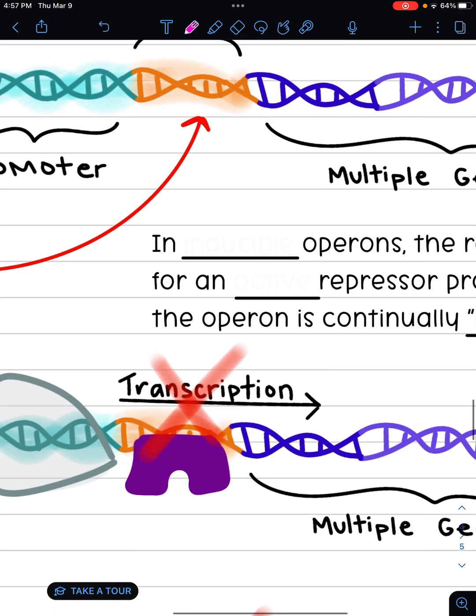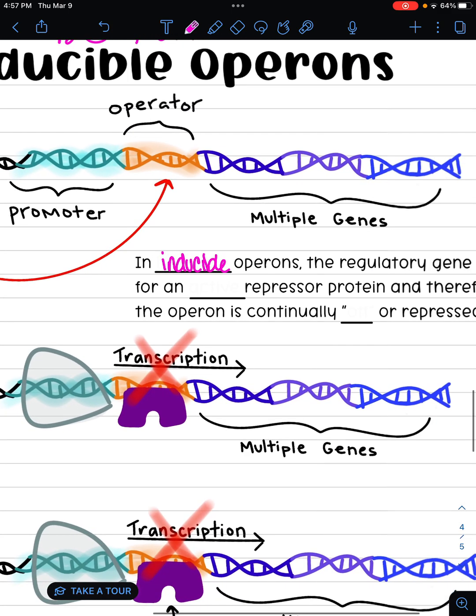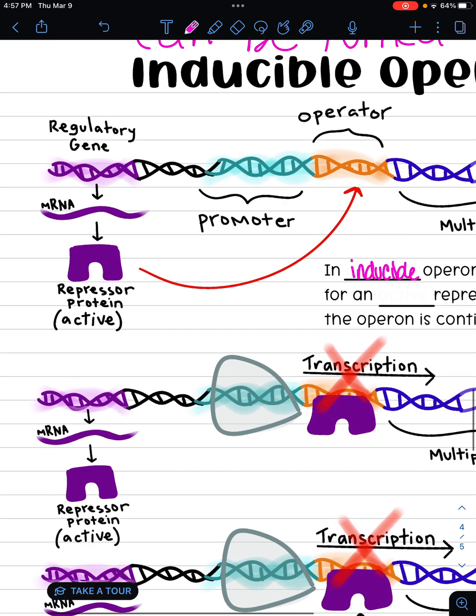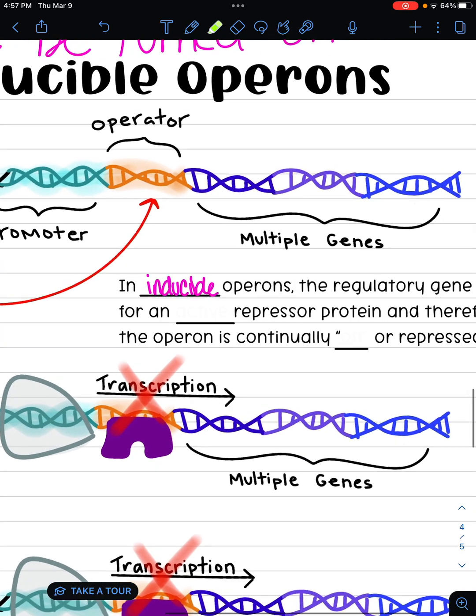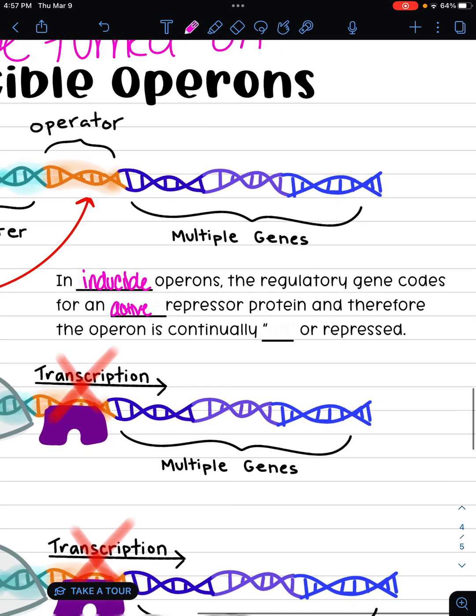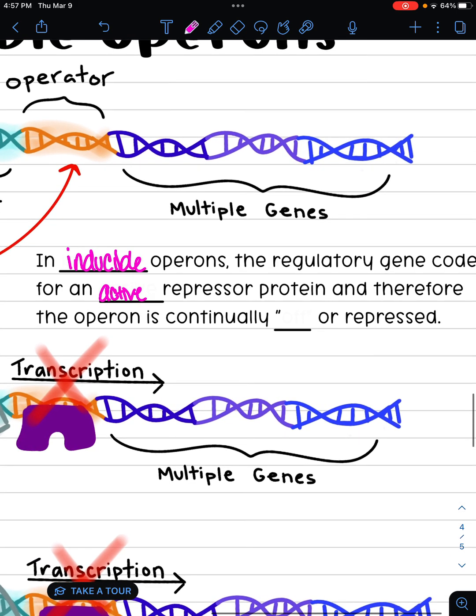So in inducible operons, the regulatory gene codes for an active, okay, it's active repressor protein, and therefore the operon is continually off, right?